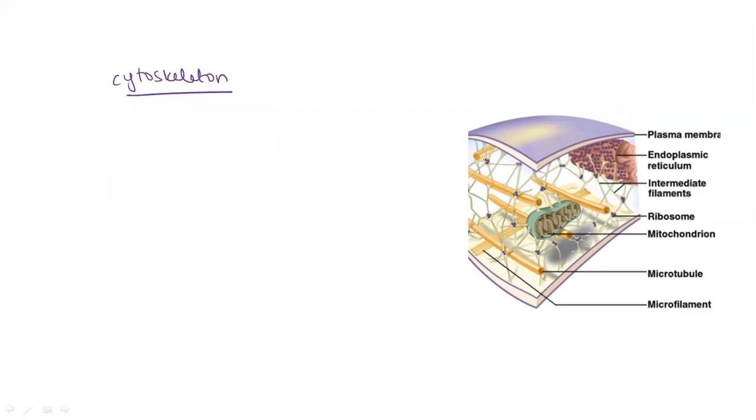So it is nothing but you can see this is the cytoskeleton. A number of filamentous proteinaceous structures, like you see here, which are present in the cytoplasm, is called as cytoskeleton.